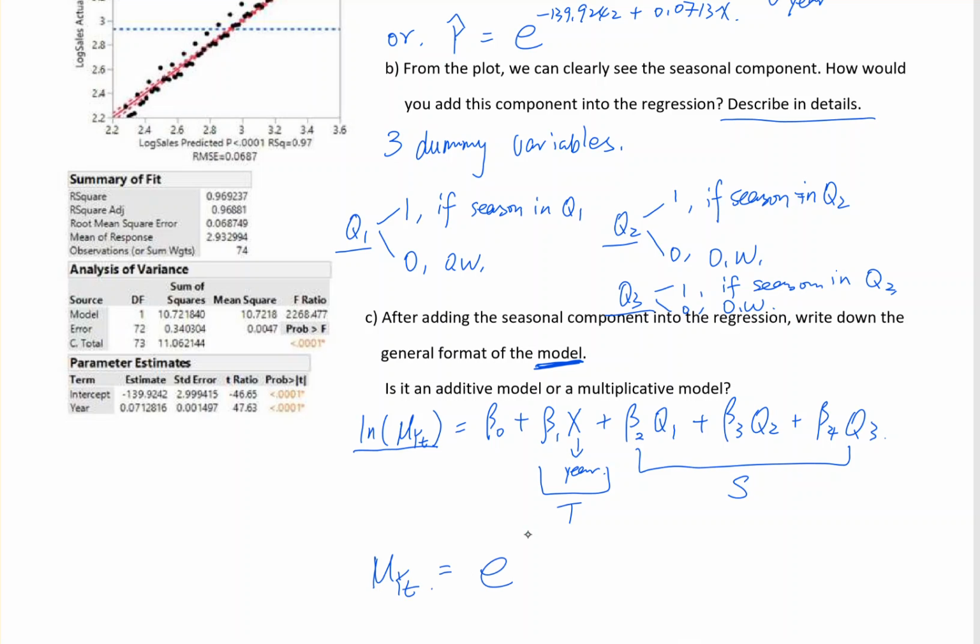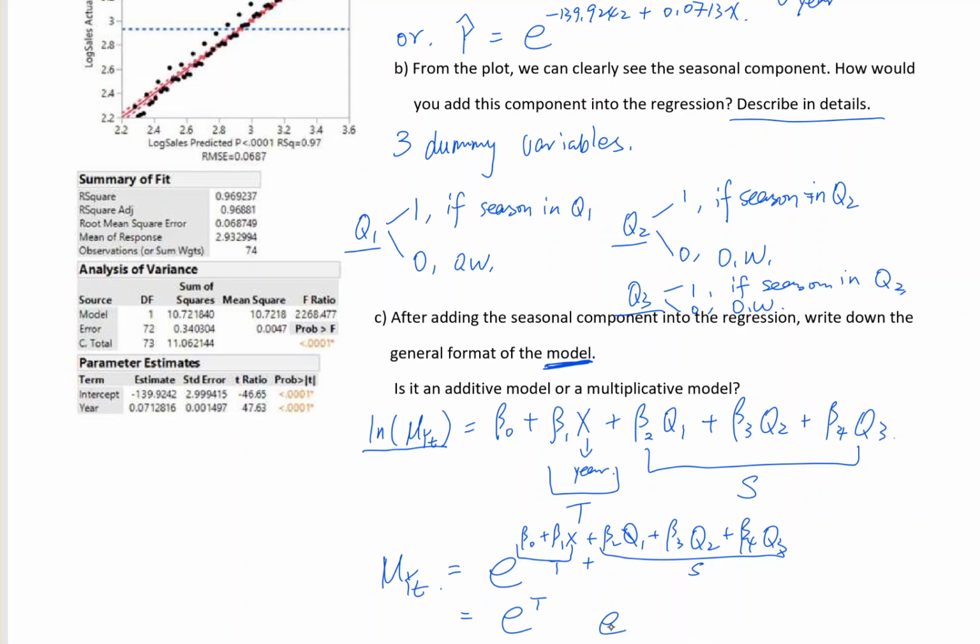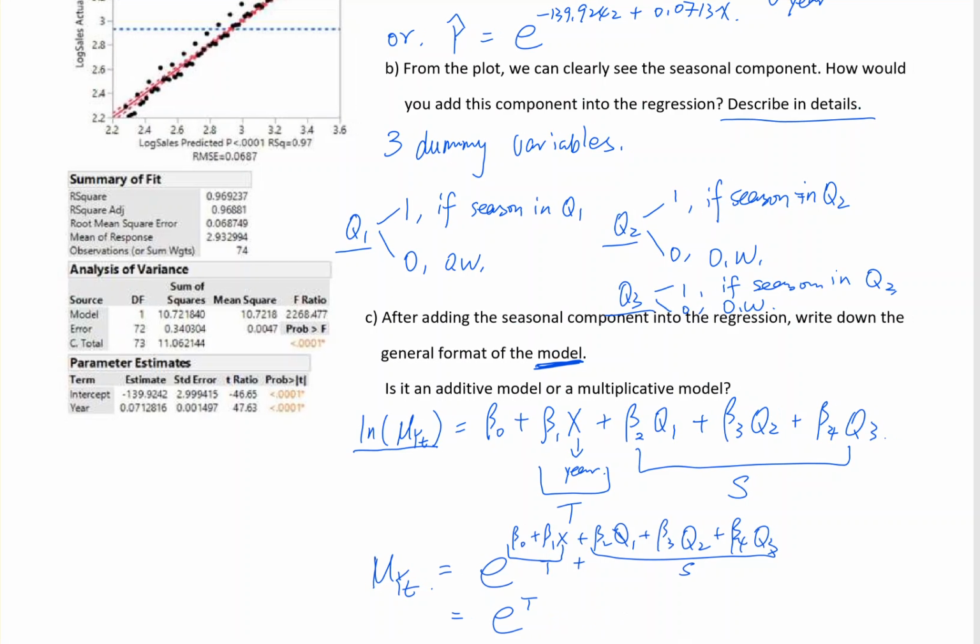Then you need to change to e to the beta 0 plus beta 1x plus beta 2 q1 plus beta 3 q2 plus beta 4 q3. This part is for the trend and this part is for the season, right? So you have the exponential of the trend plus the seasonal part. If the power is plus, that means it will be times e to the s. So this is a multiplicative model.